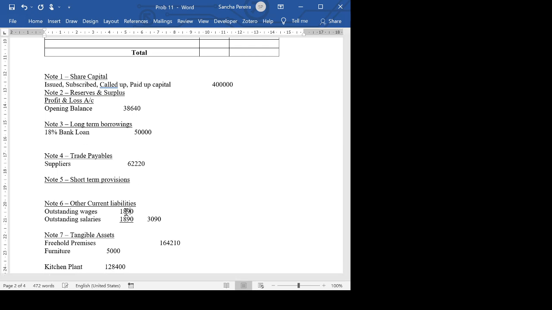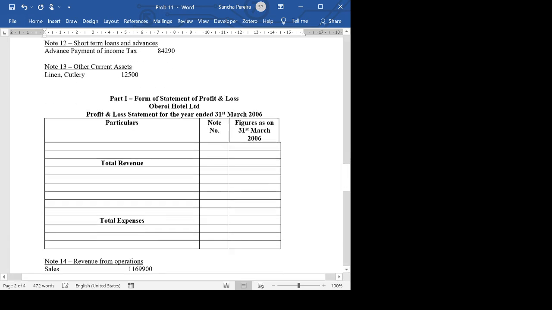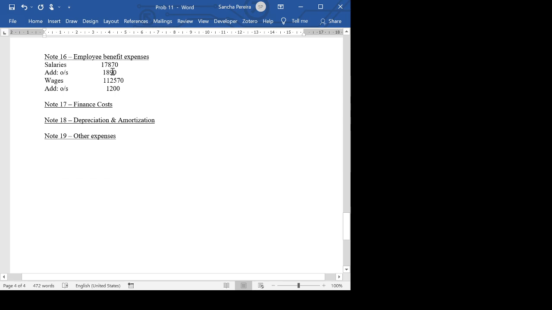The total anyway will come to the same. Put together, 17,870 plus 1,890 will be 19,760 and here we get 1,14,460, and this put together comes to 133,530.